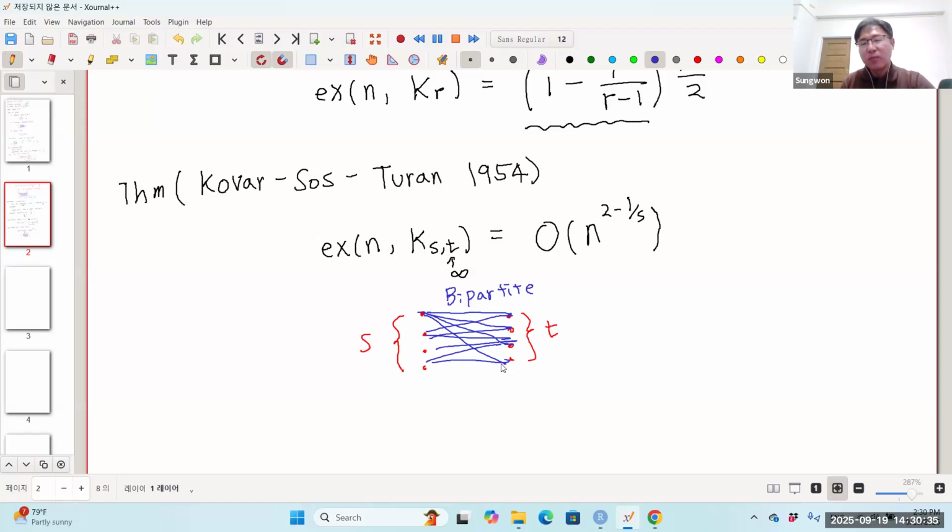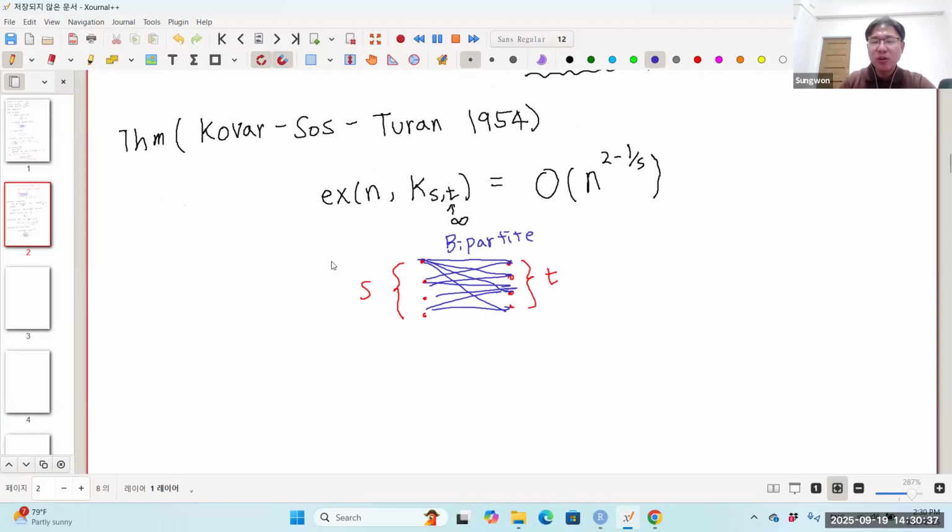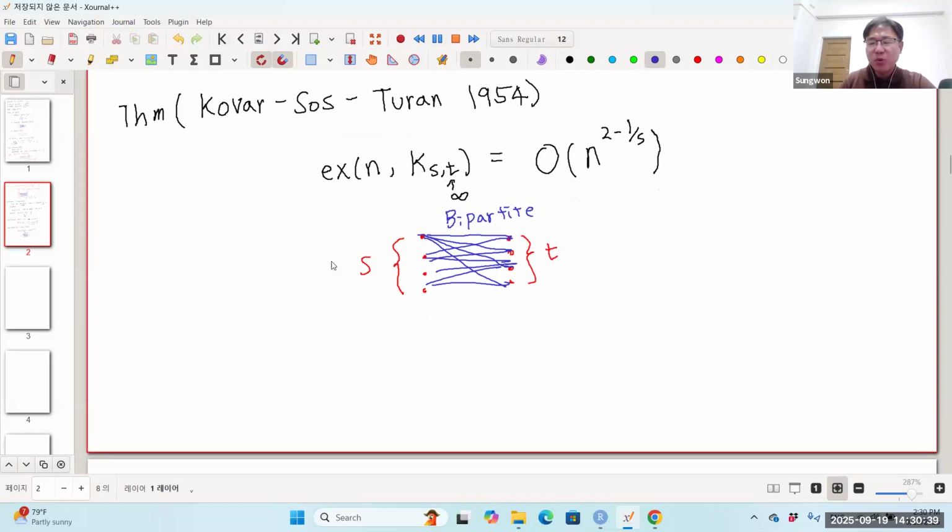Okay. So there are many more studies, like cycles or even stars or paths or things like that, and then there's a lot of non-n-square order, but I'm not going to talk about it because that's not my main talk.